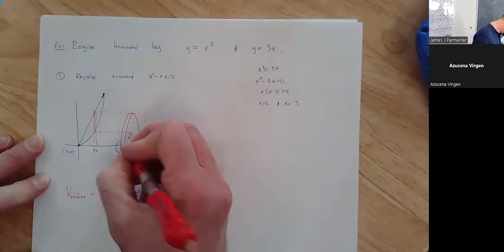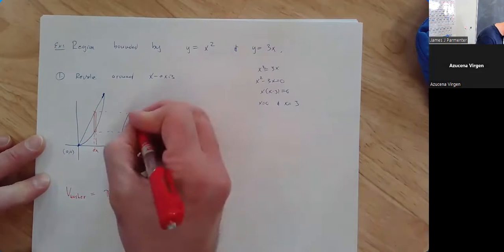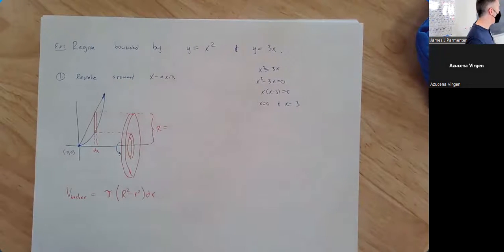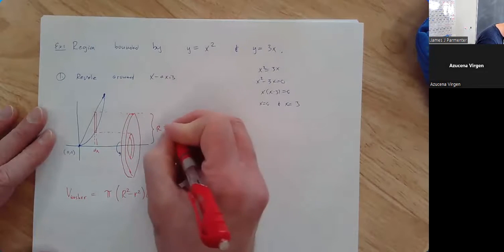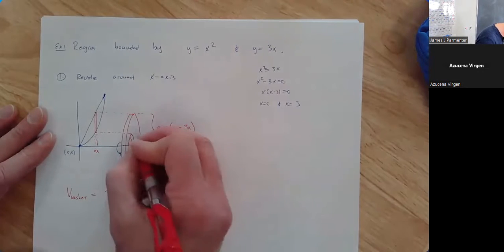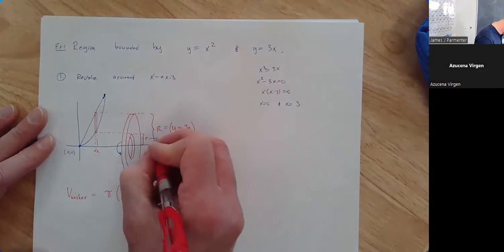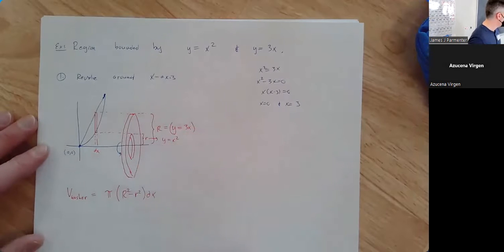Extending this outwards, here's my big radius, which is just the function that's further away from the axis of rotation. My small radius is the function that's closer to the axis of rotation, that's going to be y equal to x squared. Specifically, the 3x and the x squared.